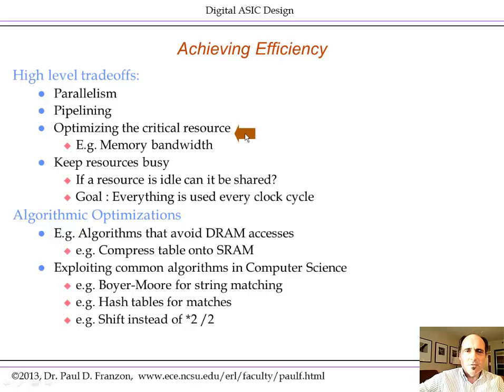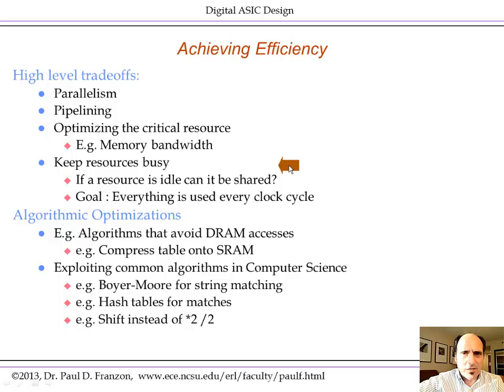Often at the high level, what you must be thinking about is what your critical resources are and how to optimize their usage, that is, often maximize their usage. For example, memory bandwidth is often a highly constrained and critical resource. Another way to think about things while you're approaching your design is how do you keep resources busy?